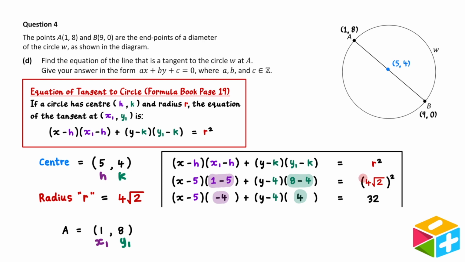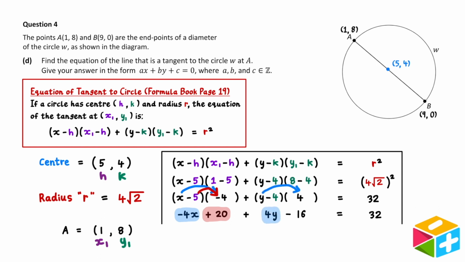On the right-hand side, 4 times the root of 2 all squared gives us 32. Now let's multiply out the brackets on the left. X times minus 4 is minus 4x, and minus 5 times minus 4 is plus 20. Y times 4 is 4y, and minus 4 times 4 is minus 16.